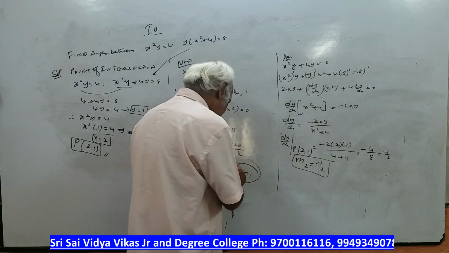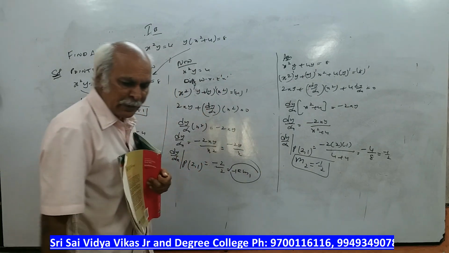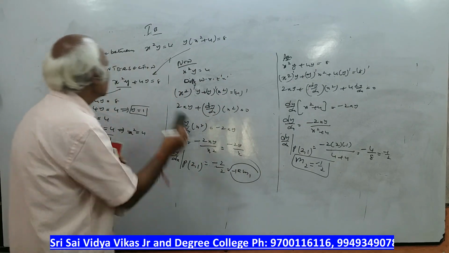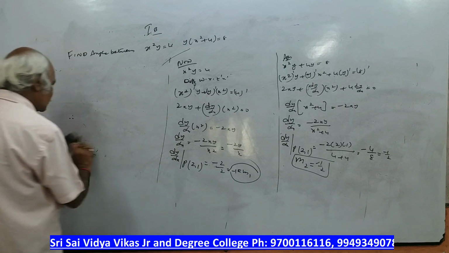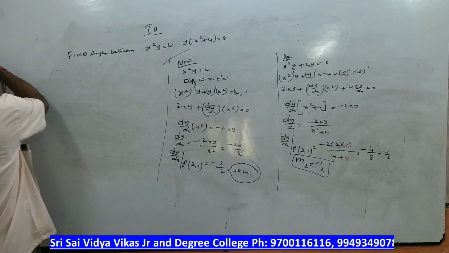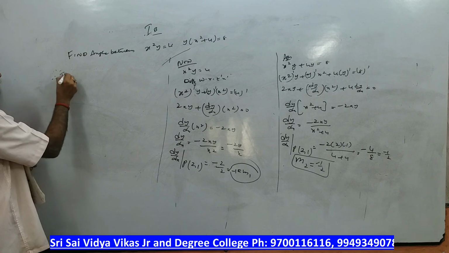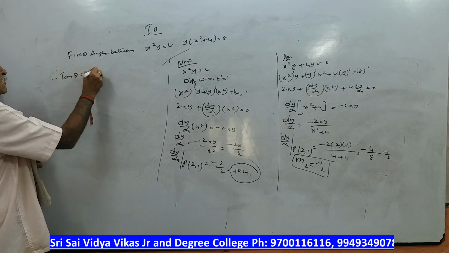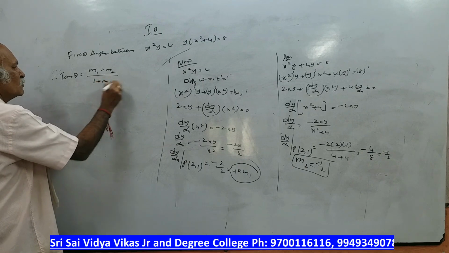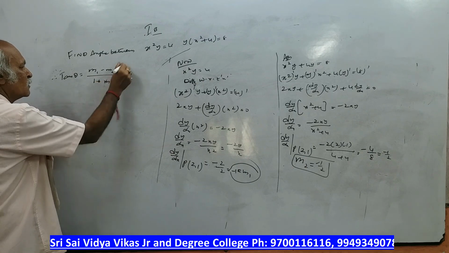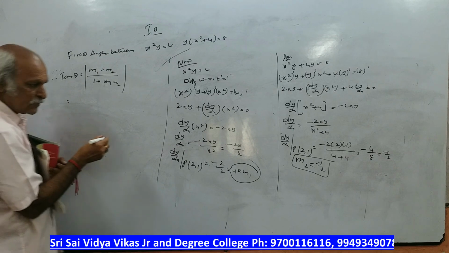m1 you got minus 1, m2 is equal to minus 1 by 2. Again what you have to do? The tan theta formula. Everything is the same, sir, remember the procedure: point of intersection, slopes. Therefore tan theta is equal to modulus of m1 minus m2 by 1 plus m1 m2. What did m1 come, sir?